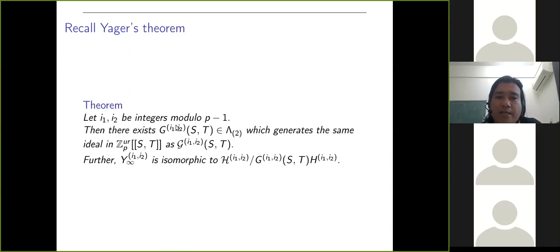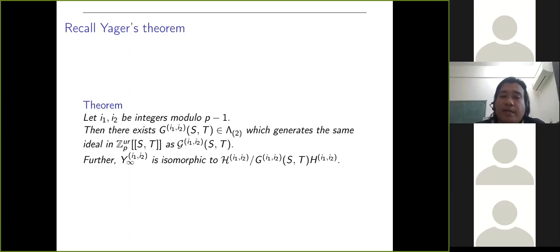It says that if I take two integers i1, i2 modulo p minus 1, then I will have power series in two variables such that my Y infinity, now over this much bigger extension, not just K(E[π^∞]) but K(E[p^∞]), has a very nice structure and is isomorphic to calligraphic H modulo G_{i1,i2}.